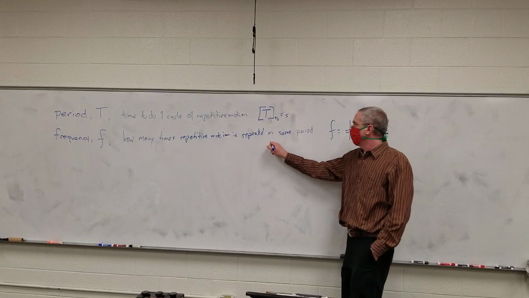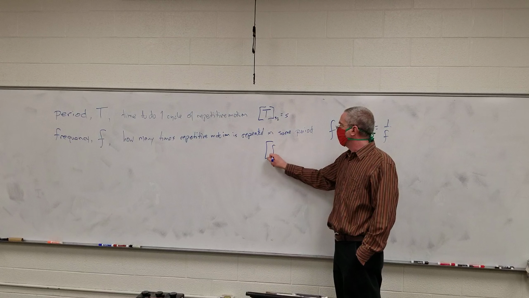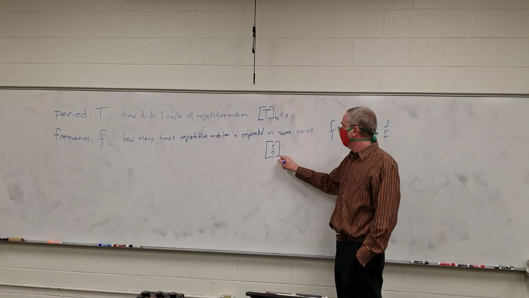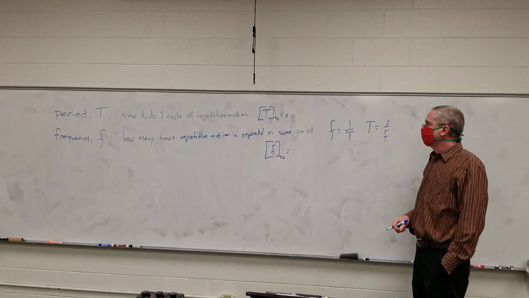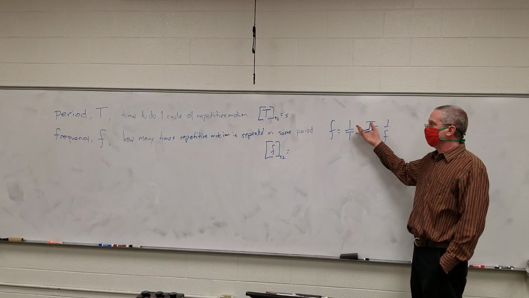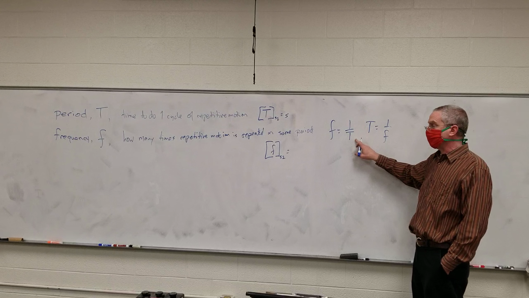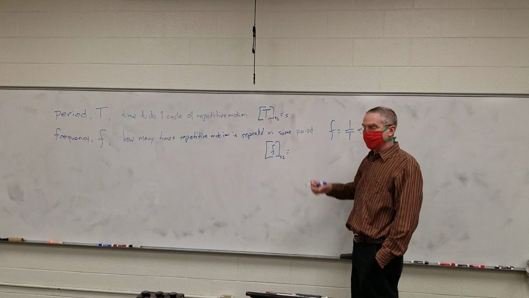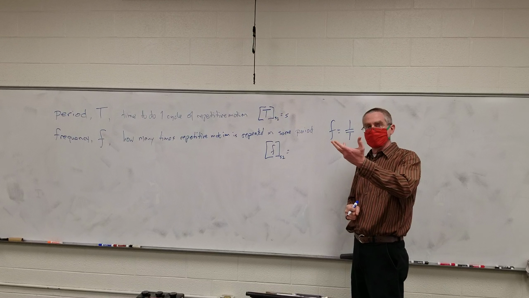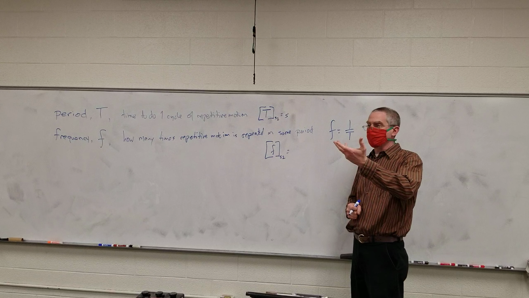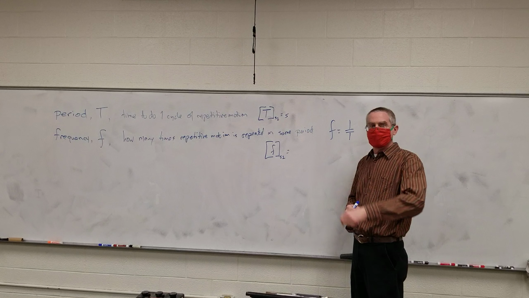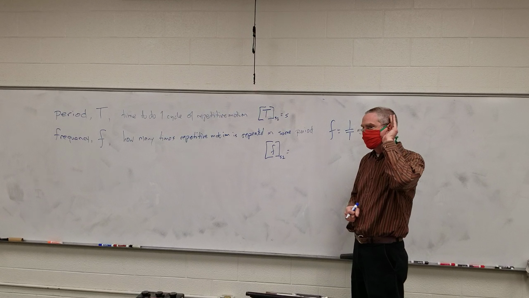So the units of frequency would be the units of basically cycles per second. However, that's not the one word. What's the one word? The one word unit of frequency. Hertz.